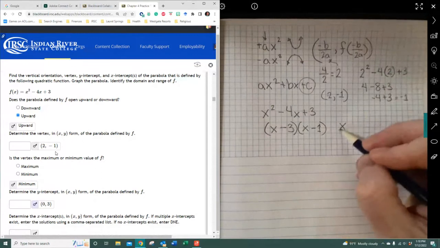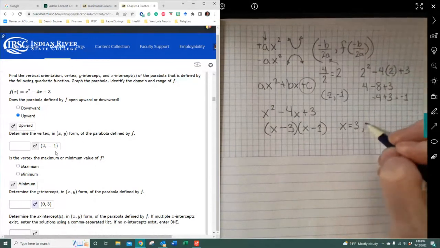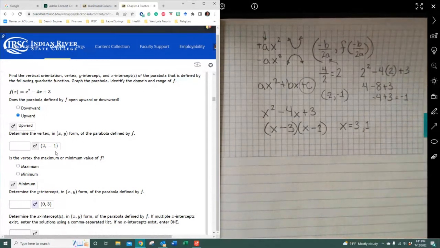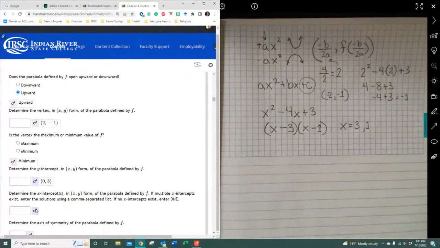And so that means that x equals +3 and +1. So our x-intercepts are (3, 0) and (1, 0), because the y values have to be 0 in order to get those values.